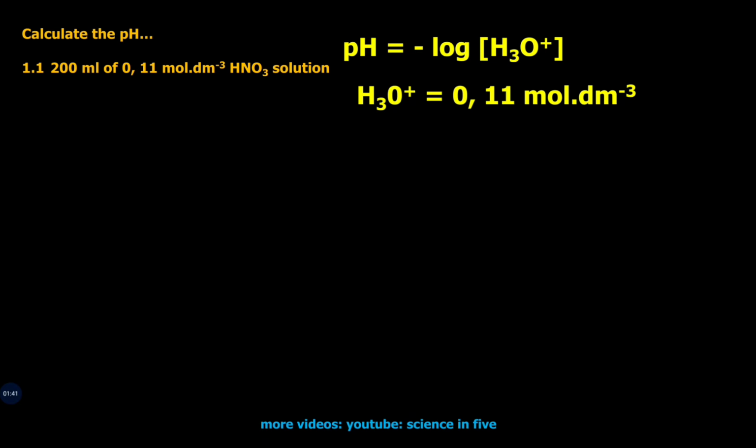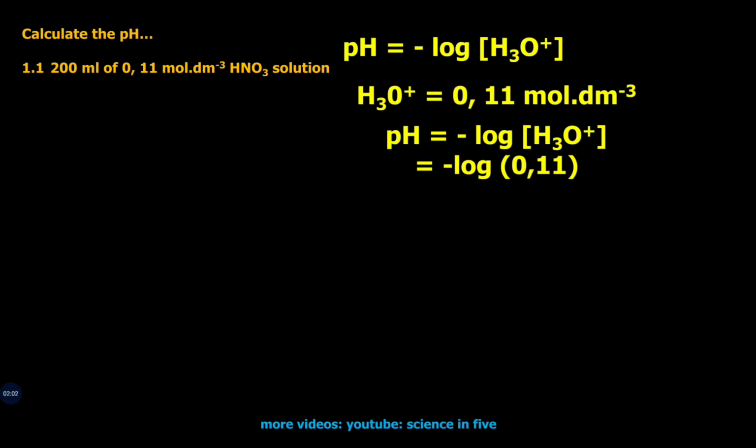This acid will ionize and produce a single H plus, and that H plus will bond with water to form H3O plus. So they'll be in the ratio 1:1. Okay, once we get that, we now apply the formula pH equals minus log the concentration of H3O plus. And we end up with our answer of 0.96.